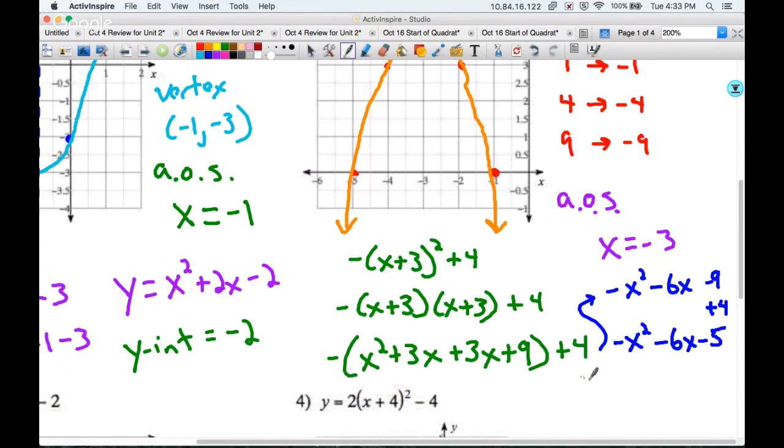That's our standard form. That should be y equals that for the standard form, and our y-intercept is at negative 5.